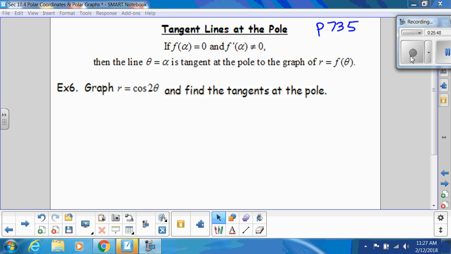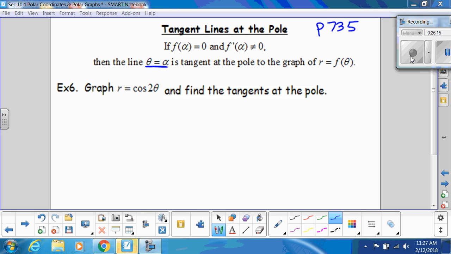In your notes it says this happens if f of alpha equals 0, where alpha is just the thetas where f of alpha equals 0. So if f of alpha equals 0, then the radius is 0 and we're at the pole.